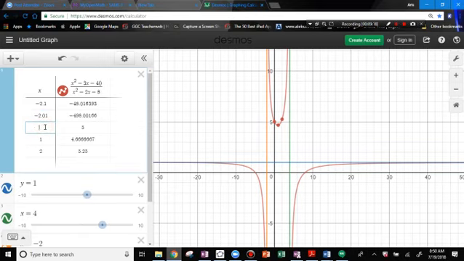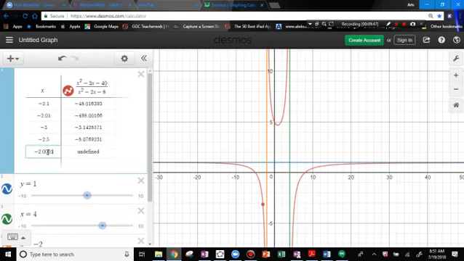I should have put in -3, so at least it shows up. There's -3 right there. At -3, it's -3.14, and then I can get closer. -2.5 becomes -8. So I should have put these in order, but it goes from -3.1 to -8 to -48 to -498. The closer I get to -2 on the left, the more negative it becomes.